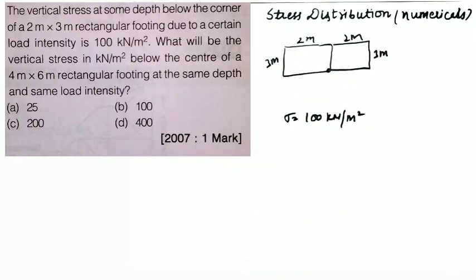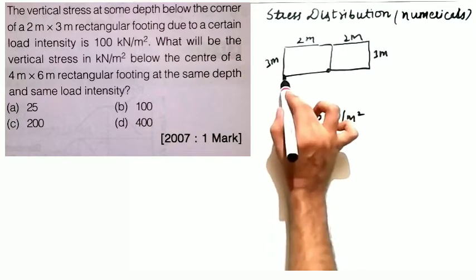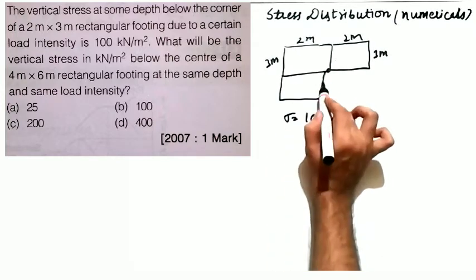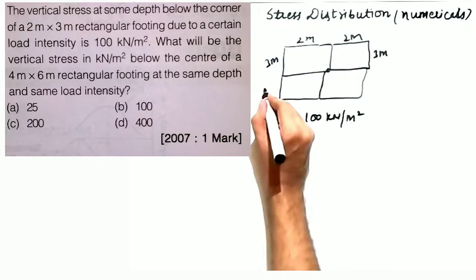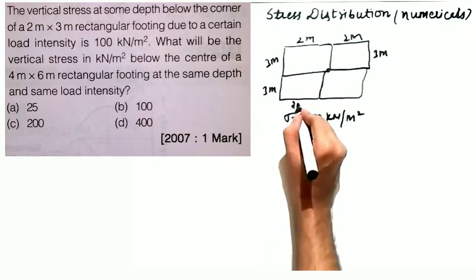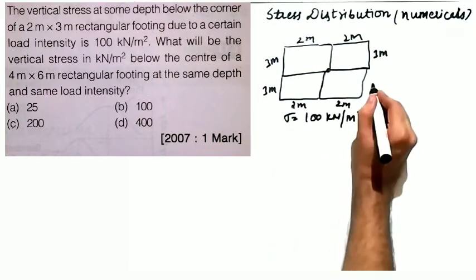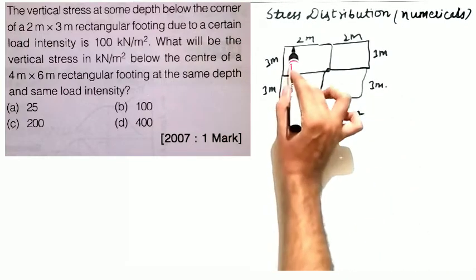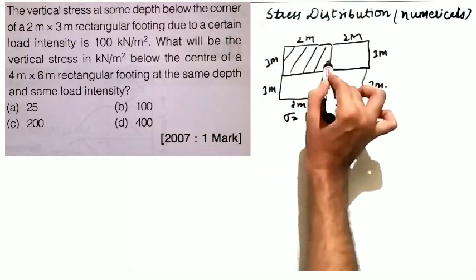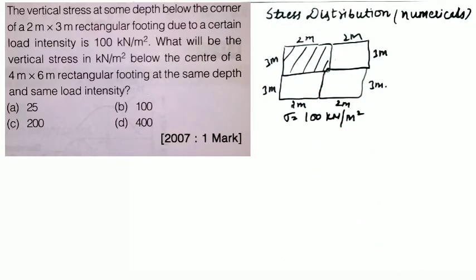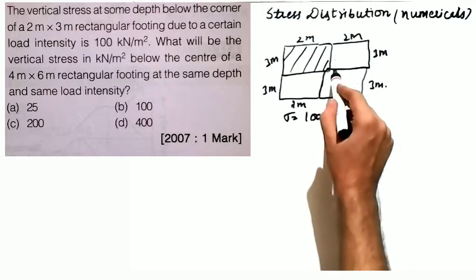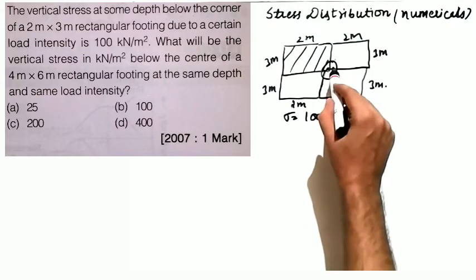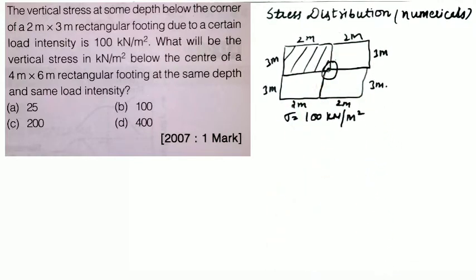How can you convert it into a 4 meter by 6 meter? Again, you can place one rectangle here and one rectangle here. This is 3 meter again. This is 2 meter. This is 2 meter and this is 3 meter. Earlier the stress was given for this rectangular diagram and below this particular point. Now it is asking you the vertical stress below the center of this plot, and the center is the same as the corner.